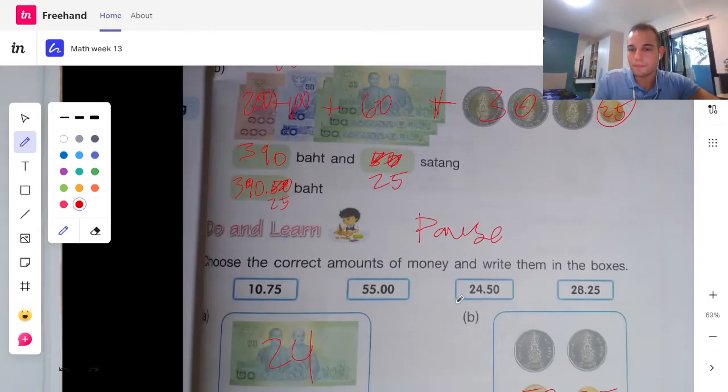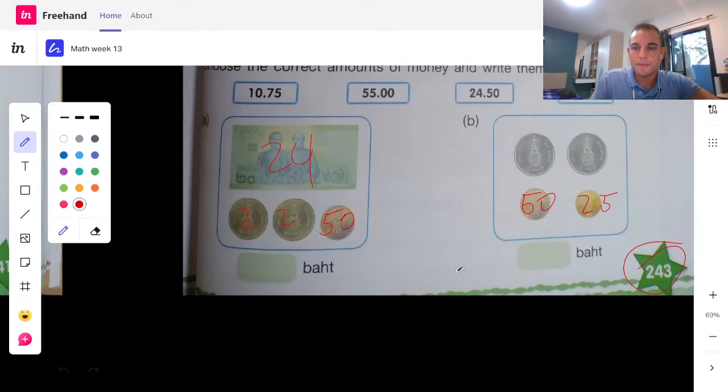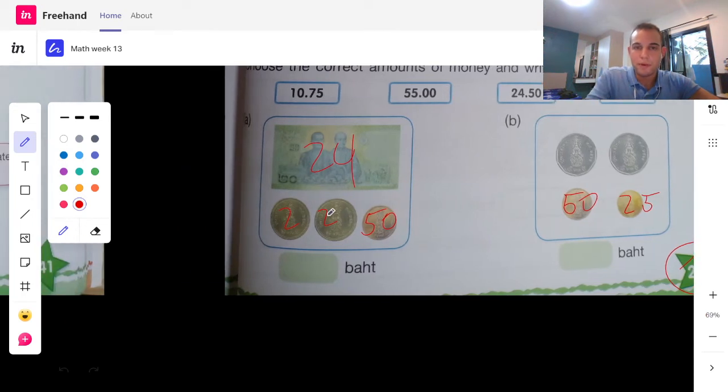Now, we have 24 plus 50, so we have 24.50. And let's write it down. So like I said before, we can say 24 and 50 satang, or we can say 24.50.